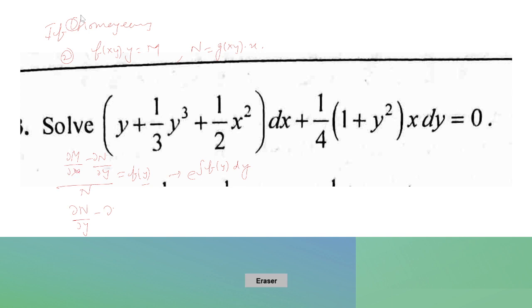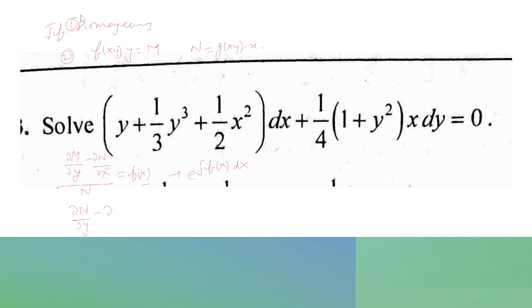Sorry for this. The partial derivative of M with respect to y minus the partial derivative of N with respect to x, divided by N, is equal to a function of x, and then the integrating factor is e raised to the power function of x dx.